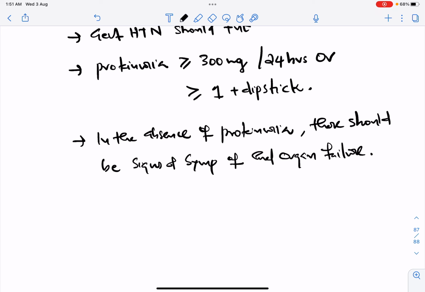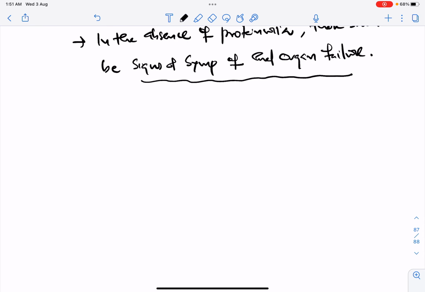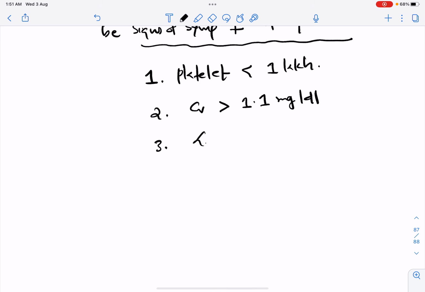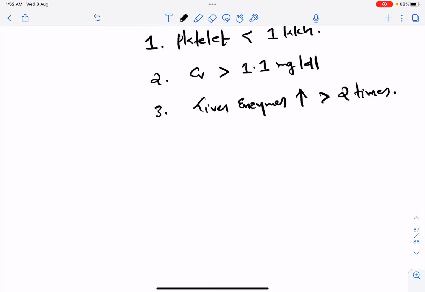So now what are the signs and symptoms of end organ failure? The first one, a platelet count less than 1 lakh. It is a sign of end organ failure. A creatinine more than 1.1 mg per deciliter. Or liver enzymes elevated more than 2 times.